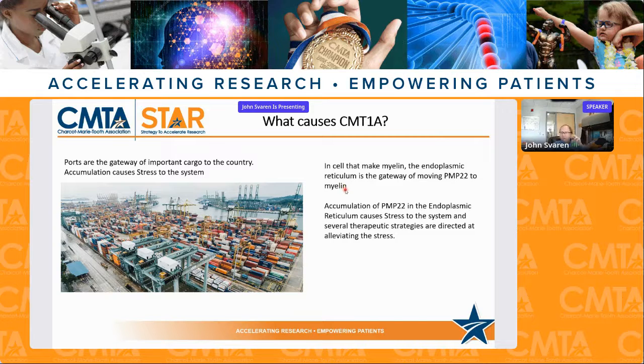To do that, it has to go through a gateway, and this gateway is called the endoplasmic reticulum. If you have excess protein, it begins to pile up in the port, and this accumulation of PMP22 in the endoplasmic reticulum causes stress to the system. There are several therapeutic strategies being tested to try to alleviate that stress. So essentially, we have too much of the protein, and it accumulates in the wrong place in the cell, and that's really the cause of CMT1A.